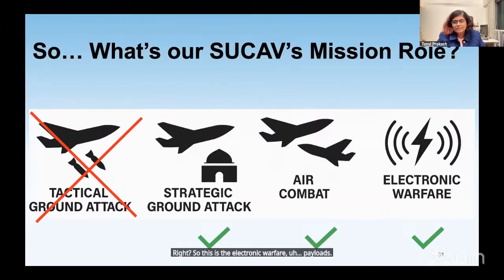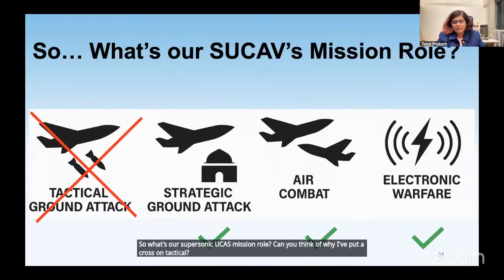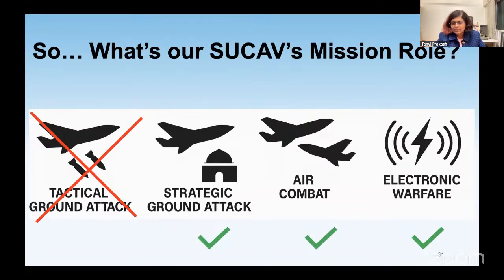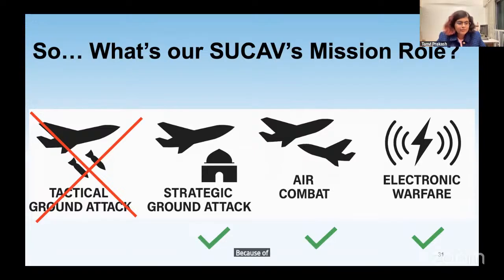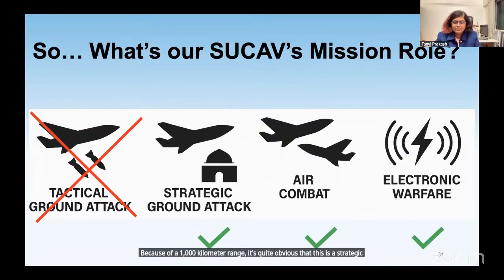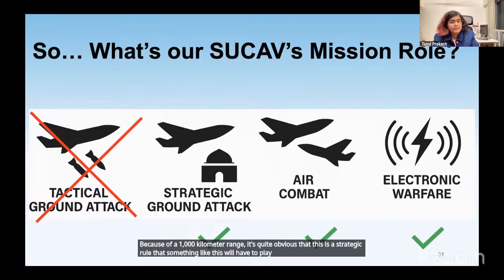So what's our supersonic UCAV's mission role? Can you think of why I've put a cross on tactical and why the other three are okay? The main reason for this is our range and our speed. Because of a 1,000 kilometer range, it's quite obvious that this is a strategic role that something like this will have to play. It's not a tactical role.